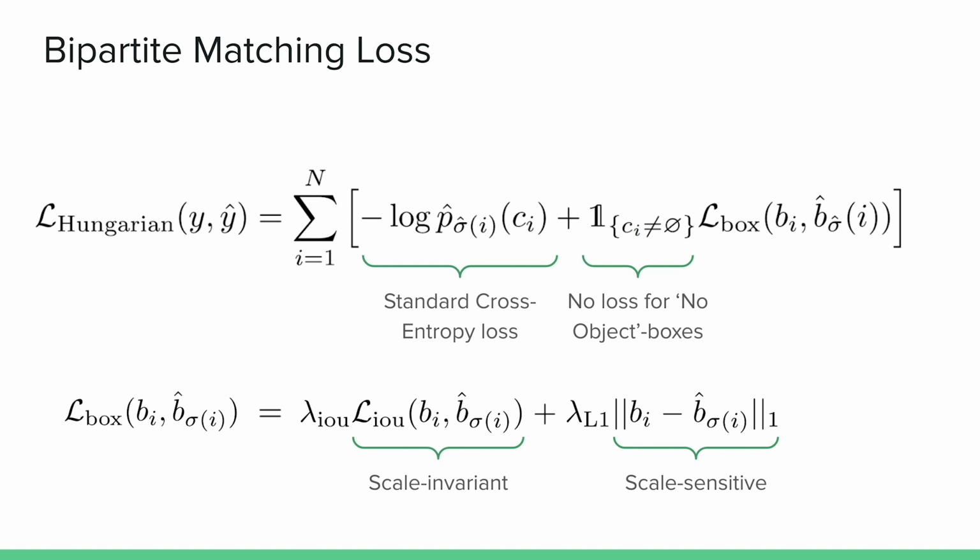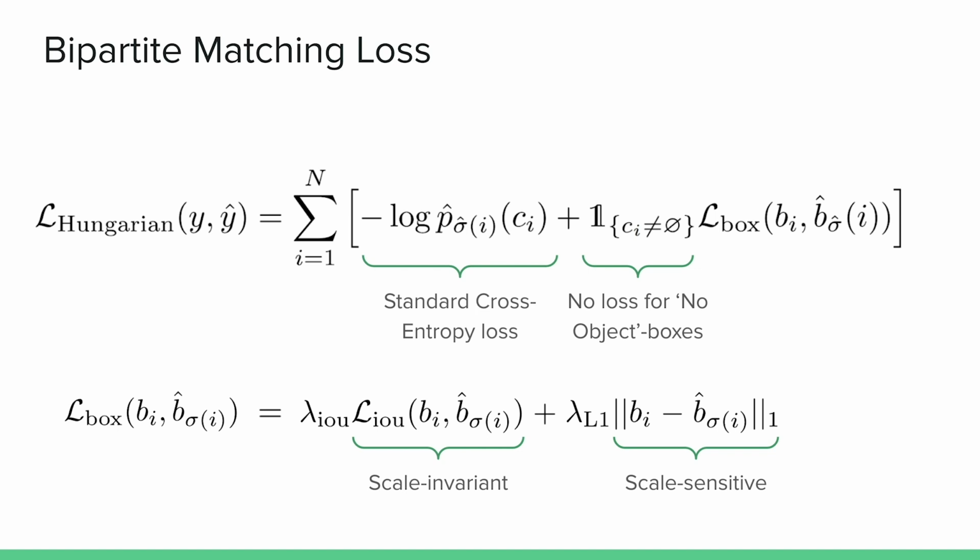And they additionally employ something really interesting here. For the loss between the boxes, they split it up into two parts. One is what we already know, this intersection over union, which basically says how well one object overlaps with another object and gives us a single value.